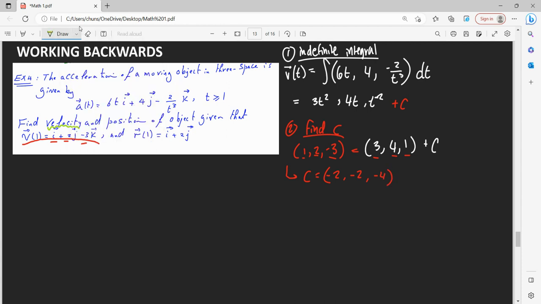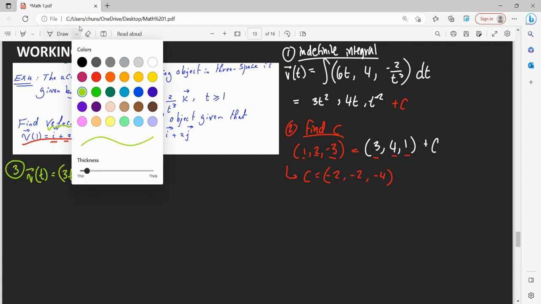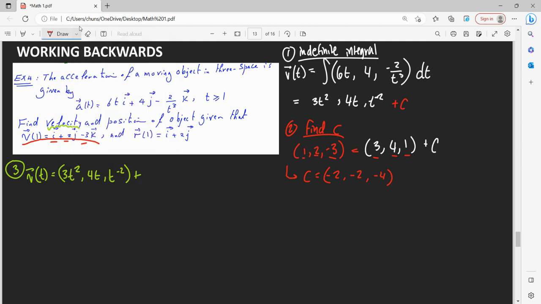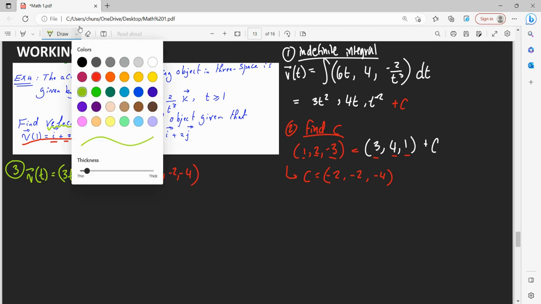Putting this back into our equation, we're going to find what velocity is. So then v equals 3t squared, 4t, t to the negative 2, plus what we just found as our c, which is negative 2, negative 2, negative 4.